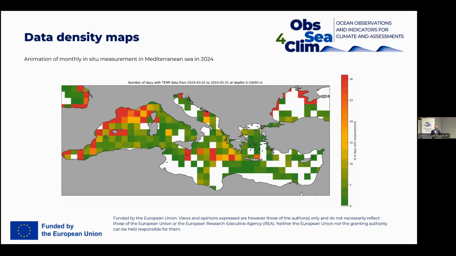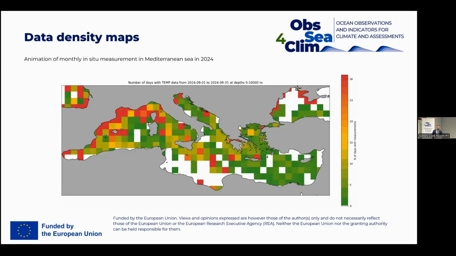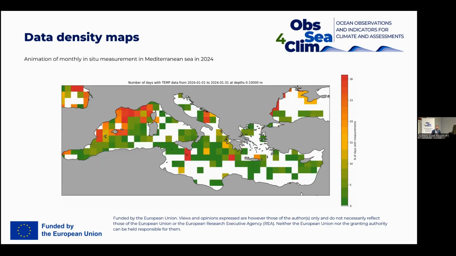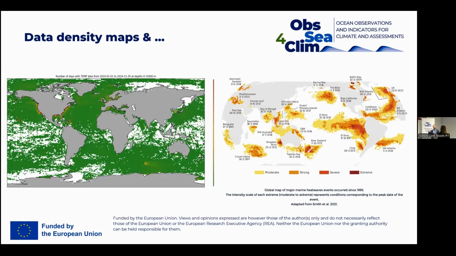And this is just to show you an animation of what is happening in the net. The situation is changing month by month. But what else can you do with that? I'm closing. If you have this density map, we were discussing heat waves.